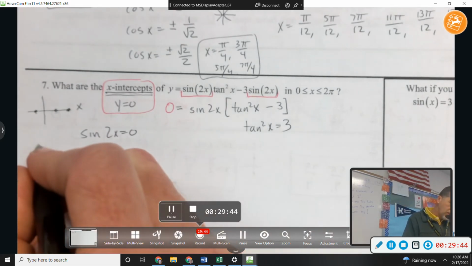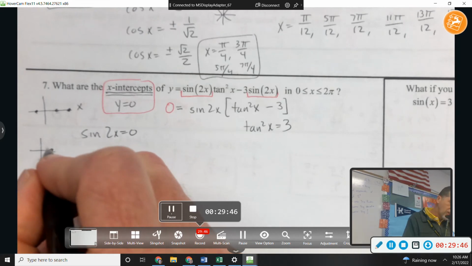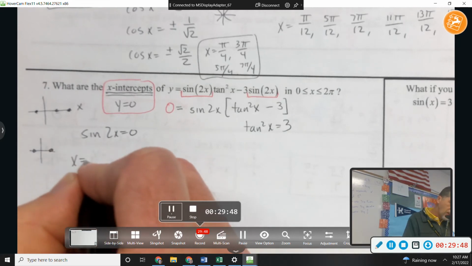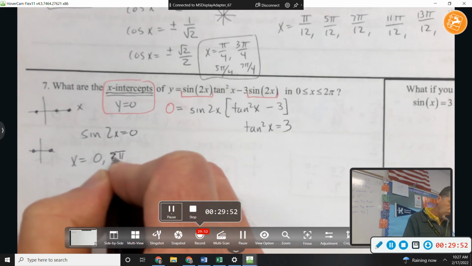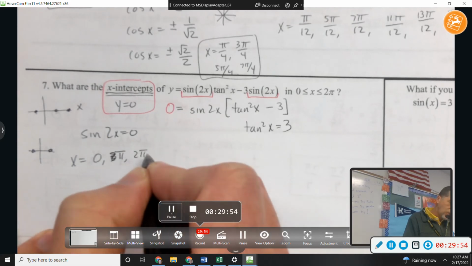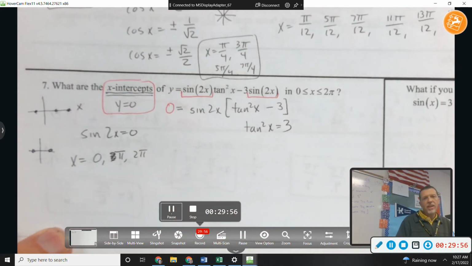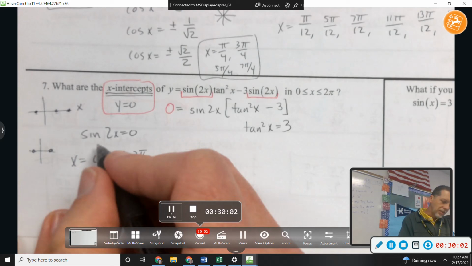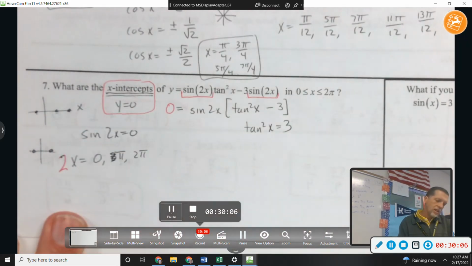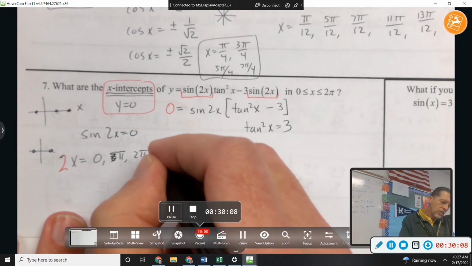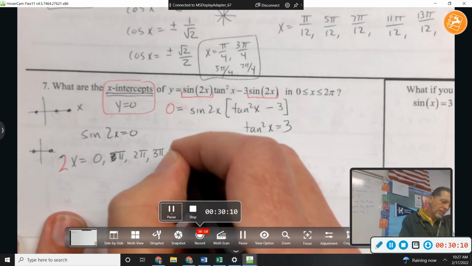So sine's equal to 0 at 0 and pi and 2 pi. But I gotta have double the number of answers because of the 2 there. So 3 pi and 4 pi.